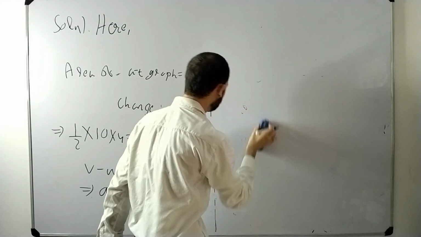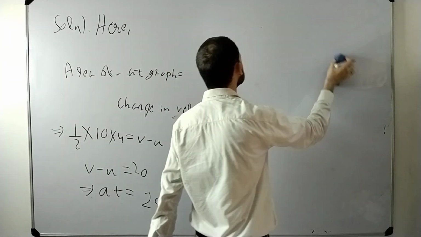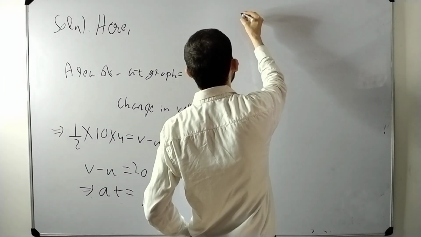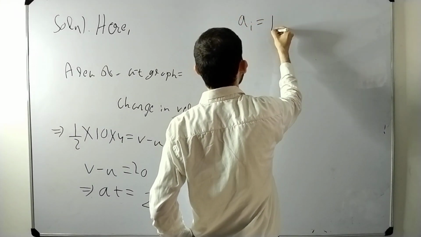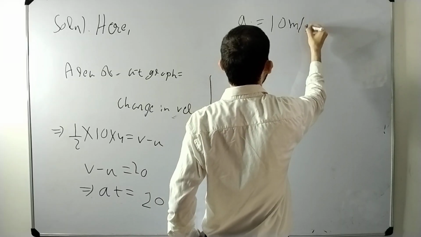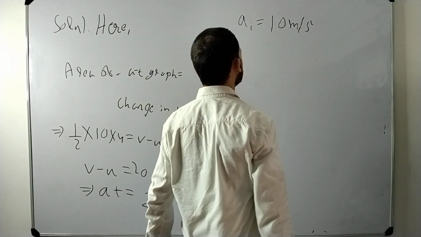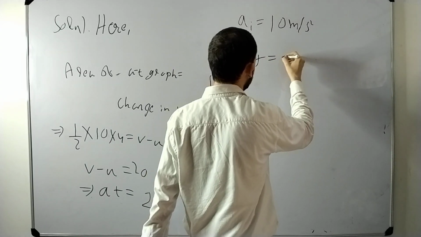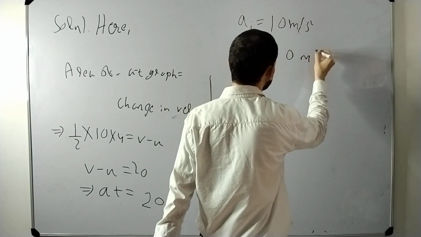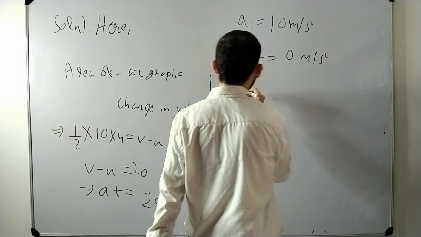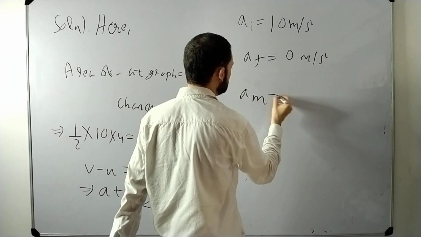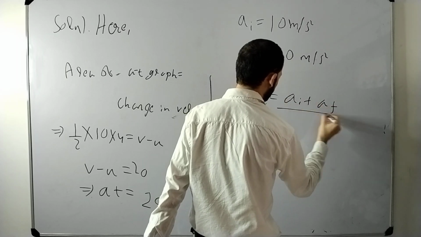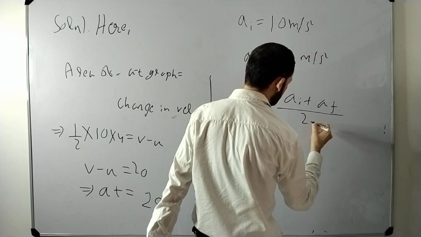So let me answer it. This is the initial acceleration, 10 meter per second square, right, students? And this is the final acceleration of A1, which is 0. Then the mean acceleration should be what? A initial plus A final upon 2.